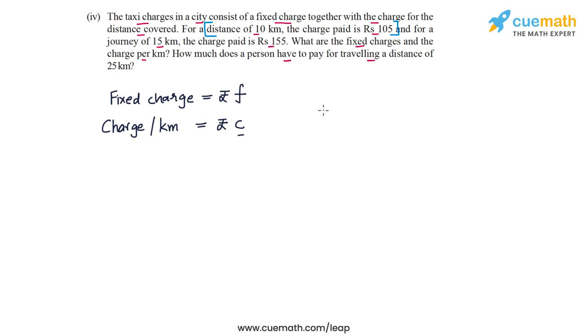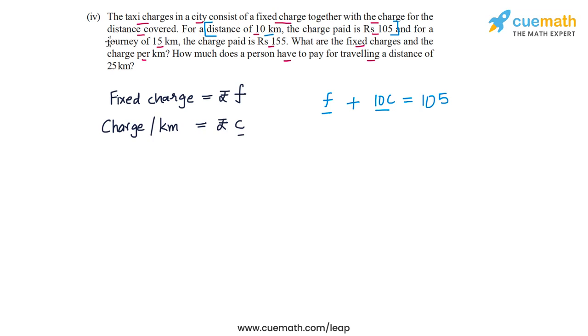So the fixed fare will be F, and the per kilometer rate for 10 kilometers will translate to a cost of 10C. So for a distance of 10 kilometers, the total charge will be F plus 10C, the fixed charge plus the charge for the distance traveled, and this is equal to 105. So this is the first equation that we get in F and C.